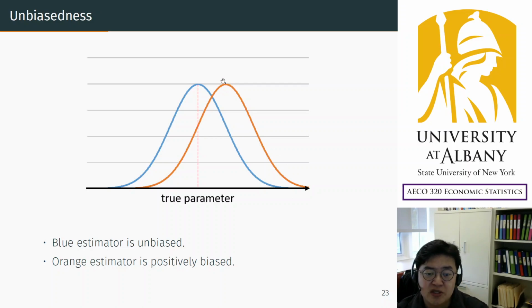The orange estimator is expected to be here, which is greater than the true parameter. So it has positive bias, biased toward the larger side, overestimating on average. But the blue is well balanced, so it is unbiased and expected to be correct on average.